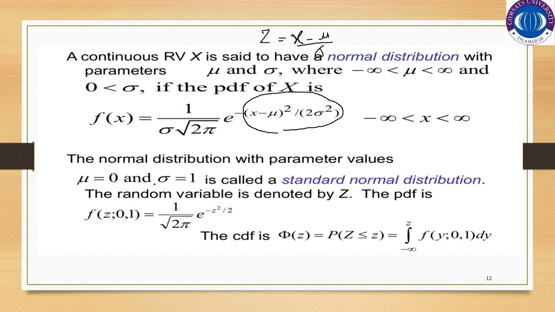So this is the PDF of the random variable x, and this is the PDF of the random variable z, which has mean 0 and variance, or you can say standard deviation, equal to 1, which we now call the standard normal distribution.